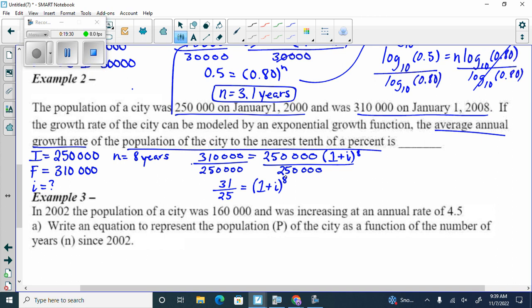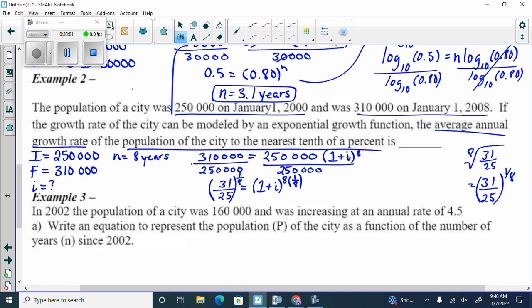So if we raise this to the power of 1/8, that would do the same as the 8th root. Remember grade 10? We'll bring you back. So if I had the 8th root of 31 over 25, that is the same as 31 over 25 to the 1/8, correct? Square root is 1/2. Cube root is 1/3. So if I want to eighth root something, I could just raise to the power of 1/8.